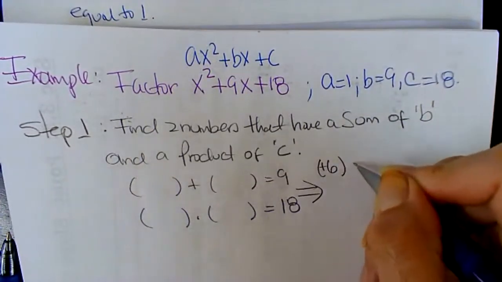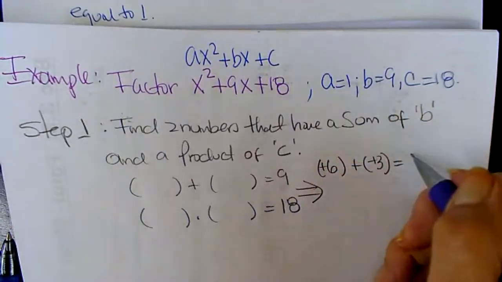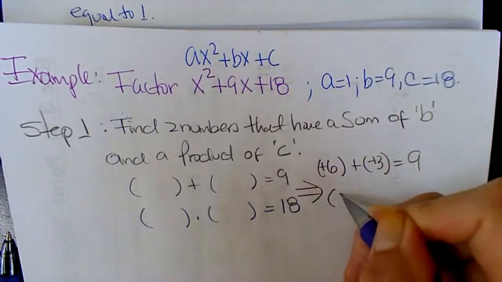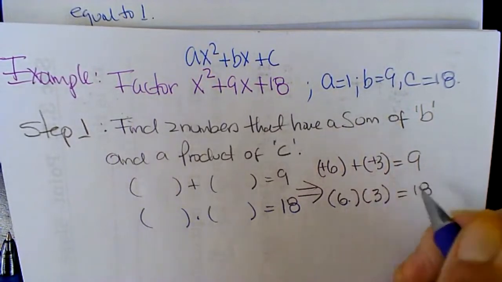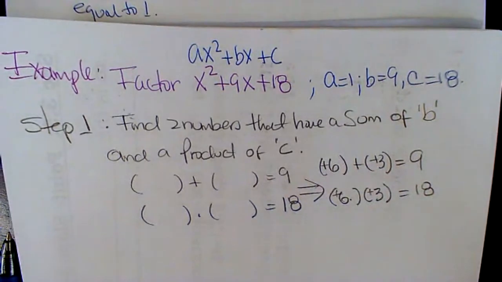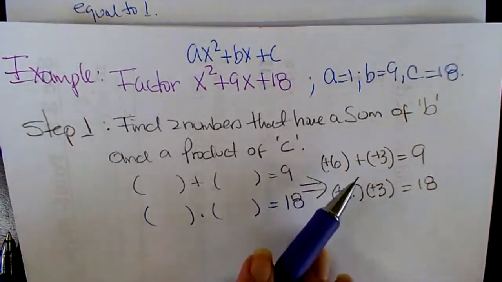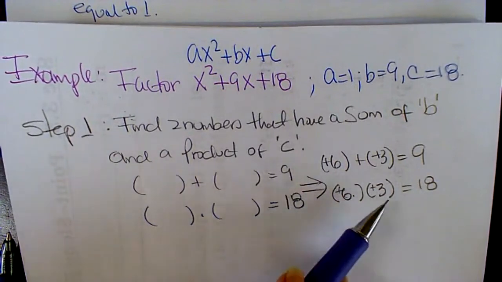Positive 6 plus positive 3, right? When I add, I get 9. And when I multiply them, I get 18. They are positive. We need to use the same two numbers for both the sum and the product.